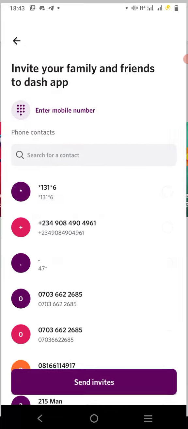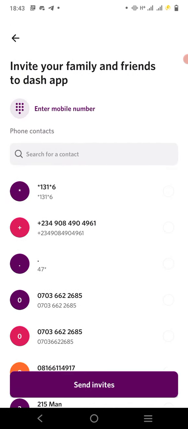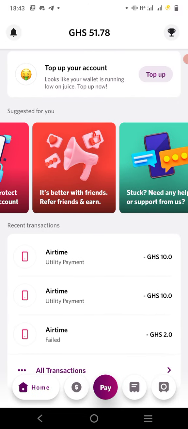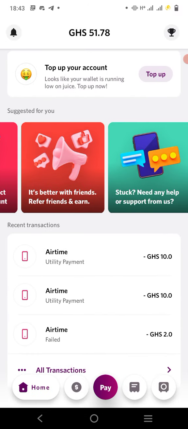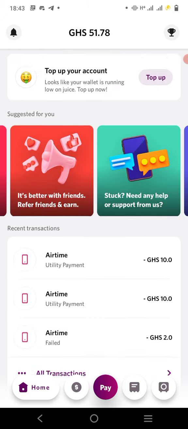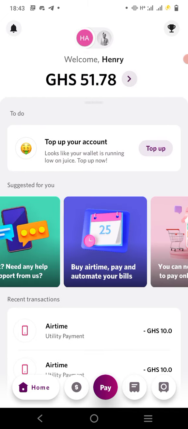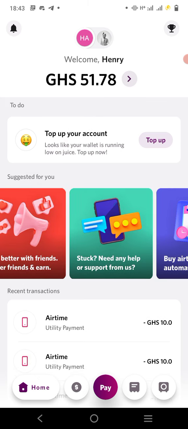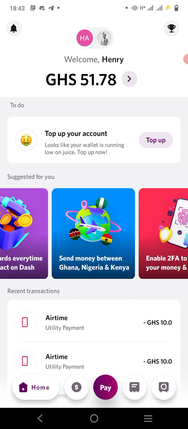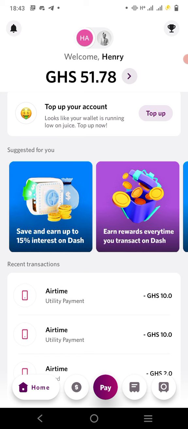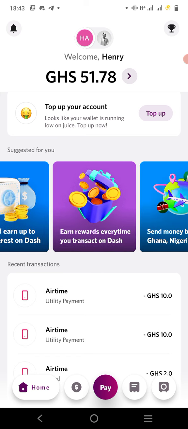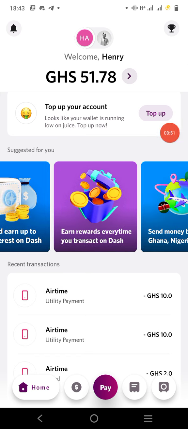You can earn here by referring friends, and another way too, you gain points, and when you gain points, you can redeem the points here. So you earn rewards. This place here, earn rewards.